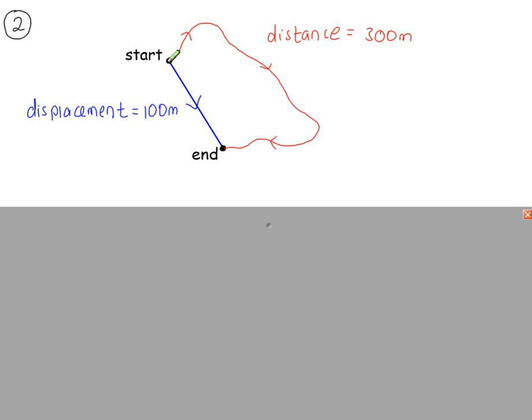In this example, somebody starts walking along this path and they end at this point. So this is the distance travelled, but the displacement is the length of this direct route from start to end.